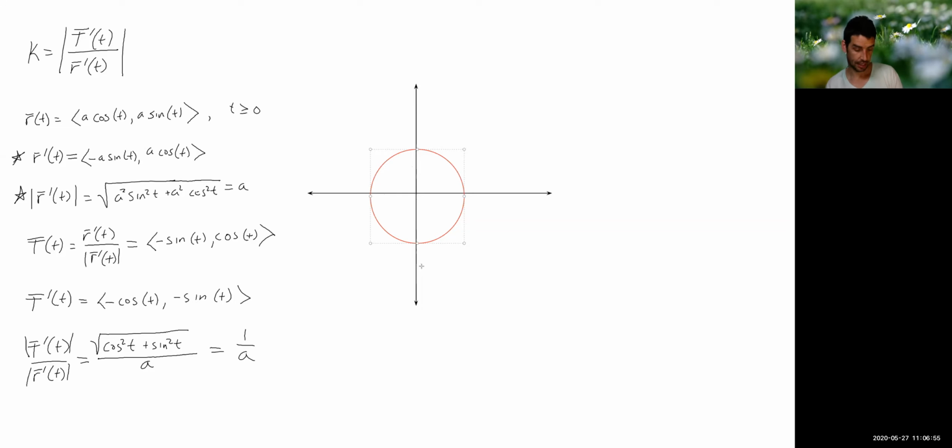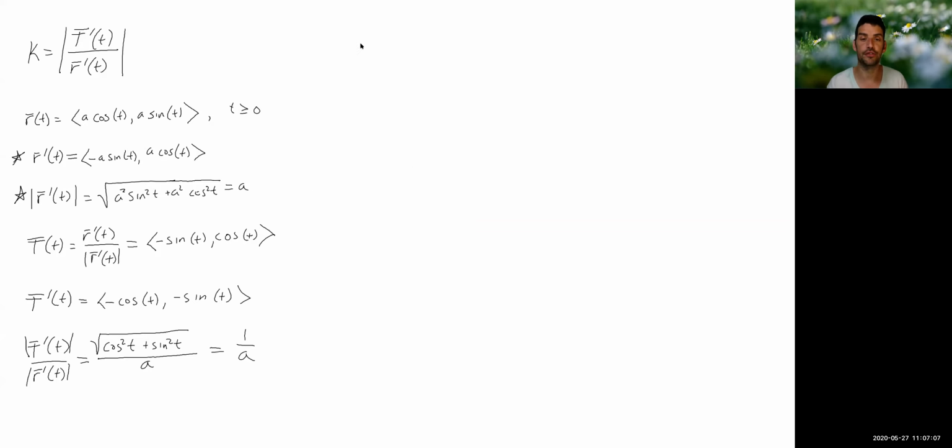Okay, let me leave you with one last thing, an alternative formula for the curvature. I am not going to derive it. It's doable and easily findable, but I'm just going to leave it as an option. It looks worse, but in practice, it is often an easier thing to compute.